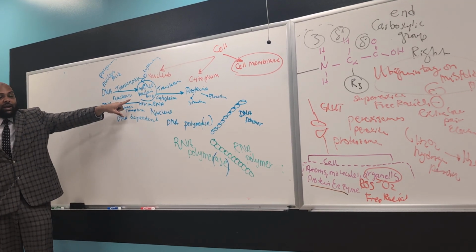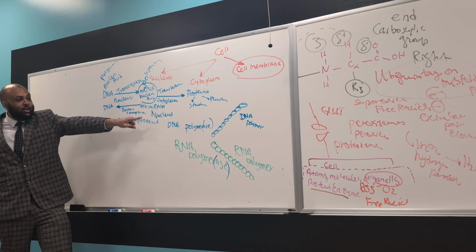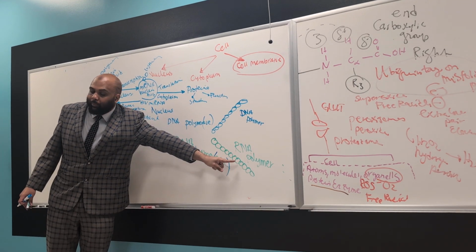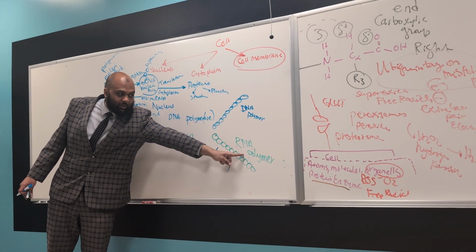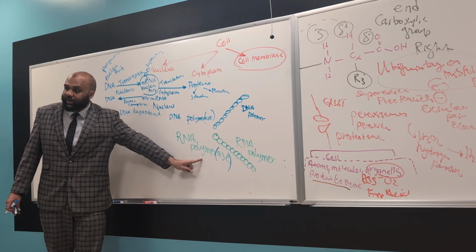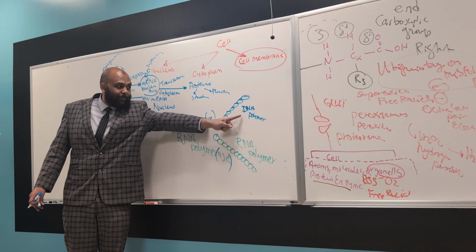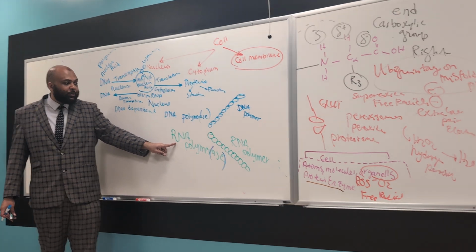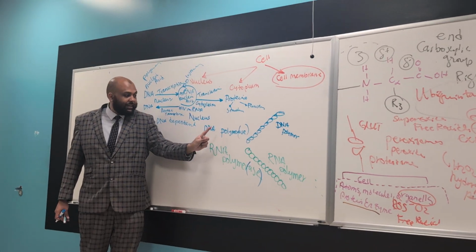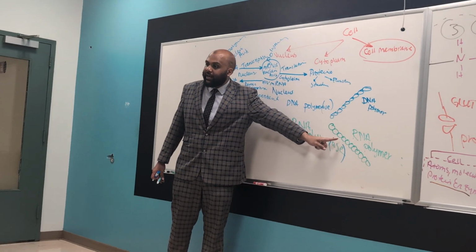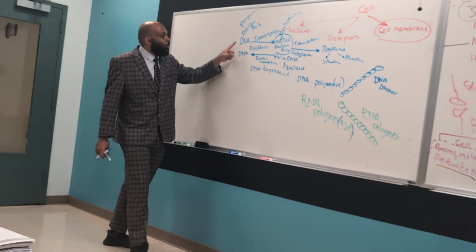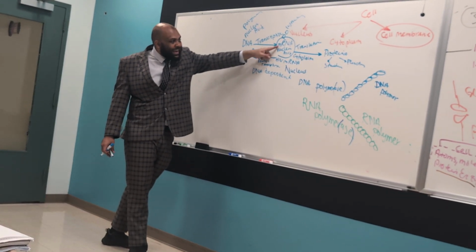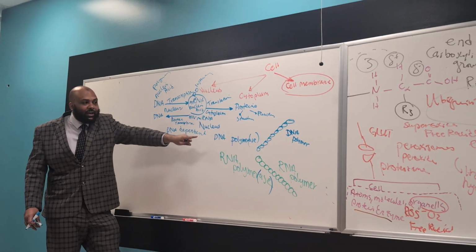This is mRNA. I'm making mRNA. So I have to use RNA polymerase. If I'm making an RNA polymer, I use RNA polymerase. If I'm making a DNA polymer, I have to use DNA polymerase. I can never use RNA polymerase to make DNA. I can never use DNA polymerase to make RNA. So here, when I was making my mRNA polymer, what did I use?